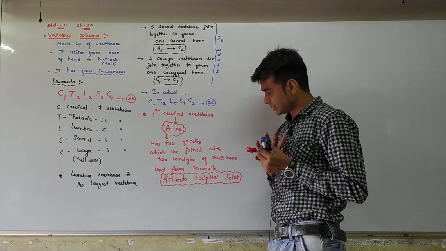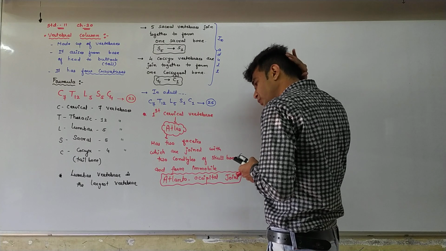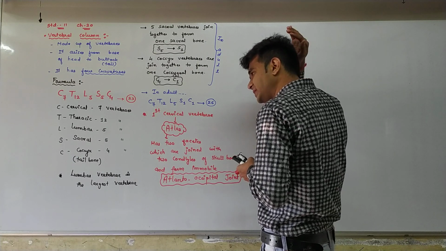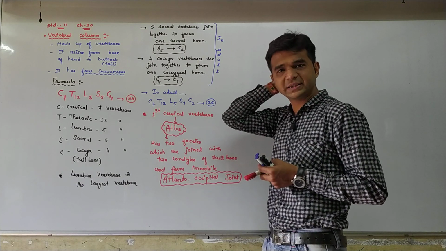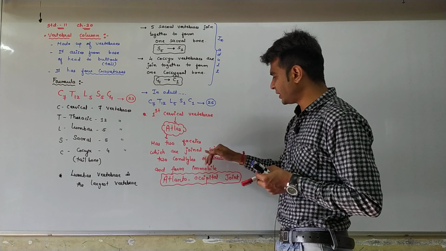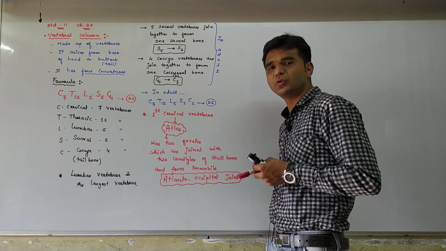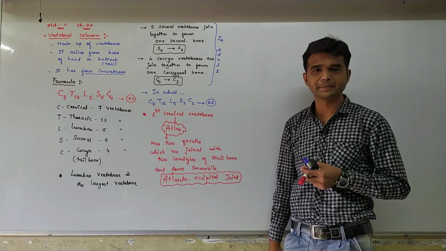These condyles are present in the posterior part of the skull, and as you know, on the most posterior side the occipital bone is there. So the occipital condyles join with the facet of the atlas bone and form the atlanto-occipital joint.